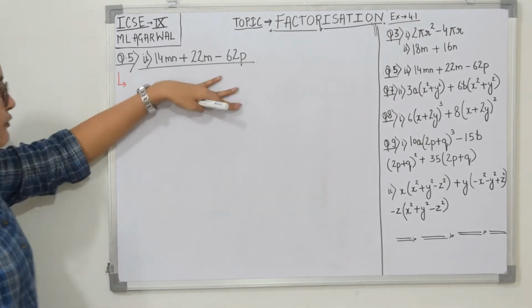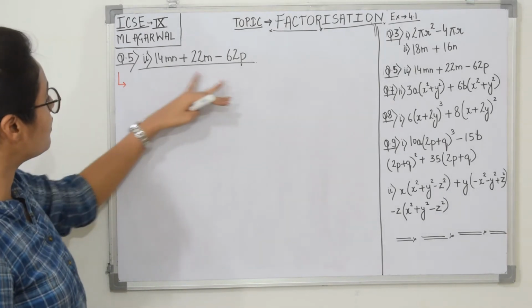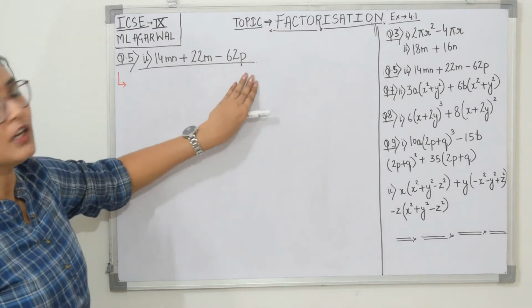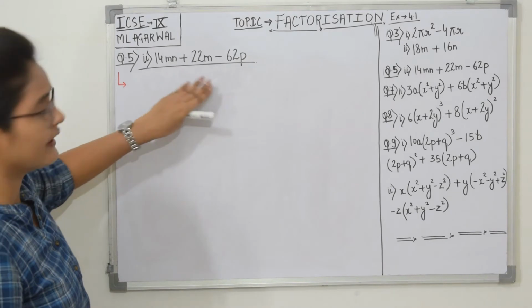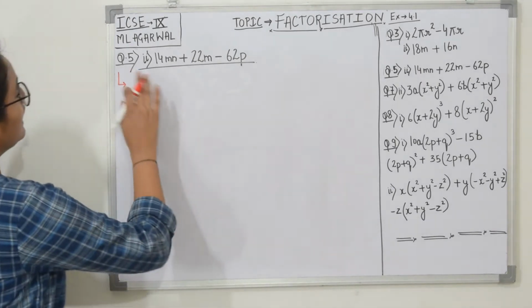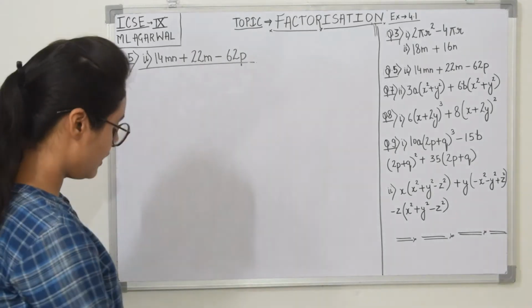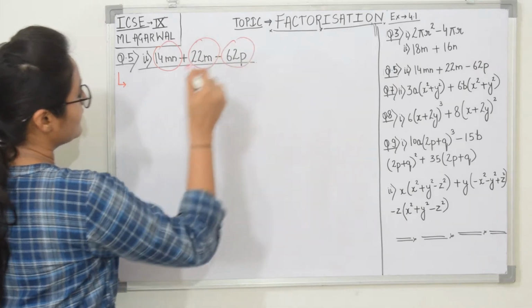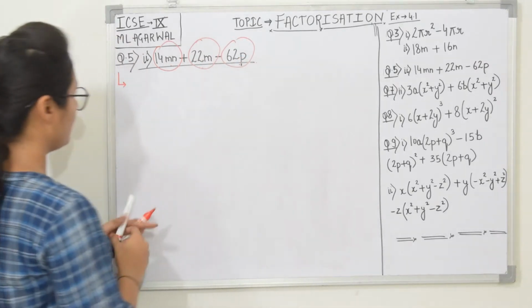While looking at the question only, you must be getting my point, like mn is here, m is here, p is here, so you're not having any common things here. So see, 14mn, 22m and 62p we are having. We are just going to consider them as different parts of this polynomial. This is first term, this is second term, this is your third term of your polynomial.